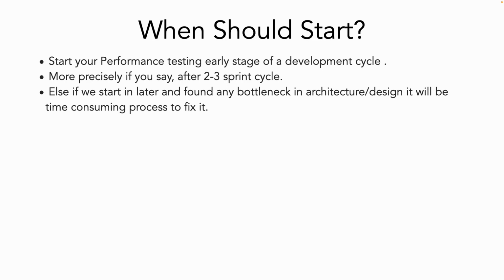It could be an infrastructure issue, a database performance issue, or at the code level you may need to tune. Tuning could be required at the database or infrastructure level. It could be anything, but at least we can identify it as early as possible.